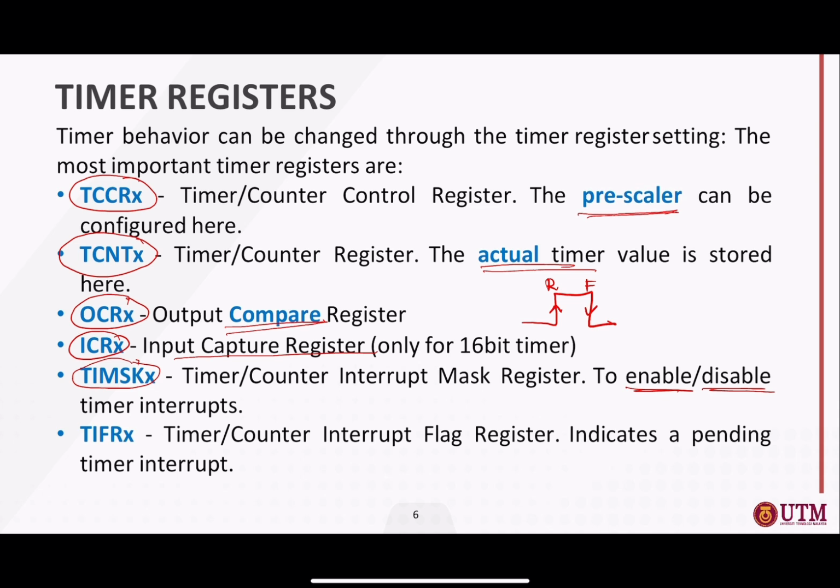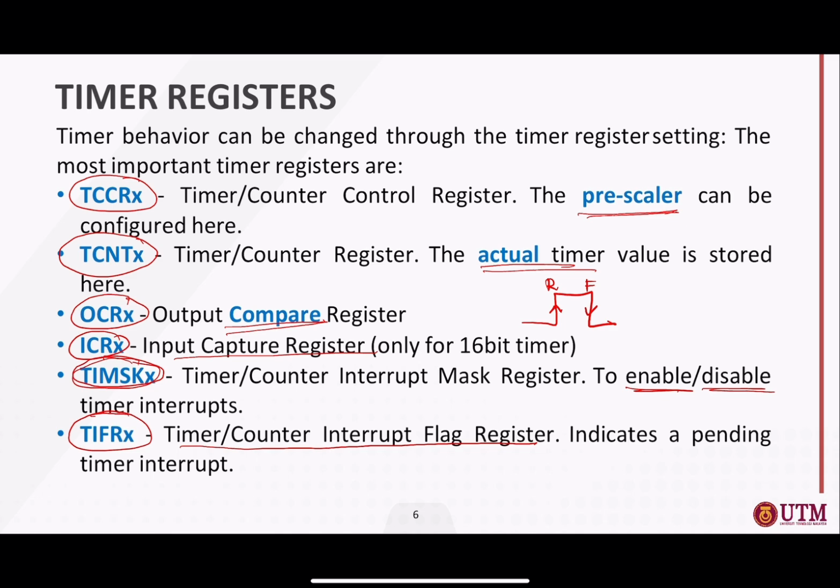Next is TIFRX, the timer counter interrupt flag register. It is a flag, so it shows the current status of the interrupt: whether the interrupt has been conducted or is still pending. It is like an indicator for your operation.